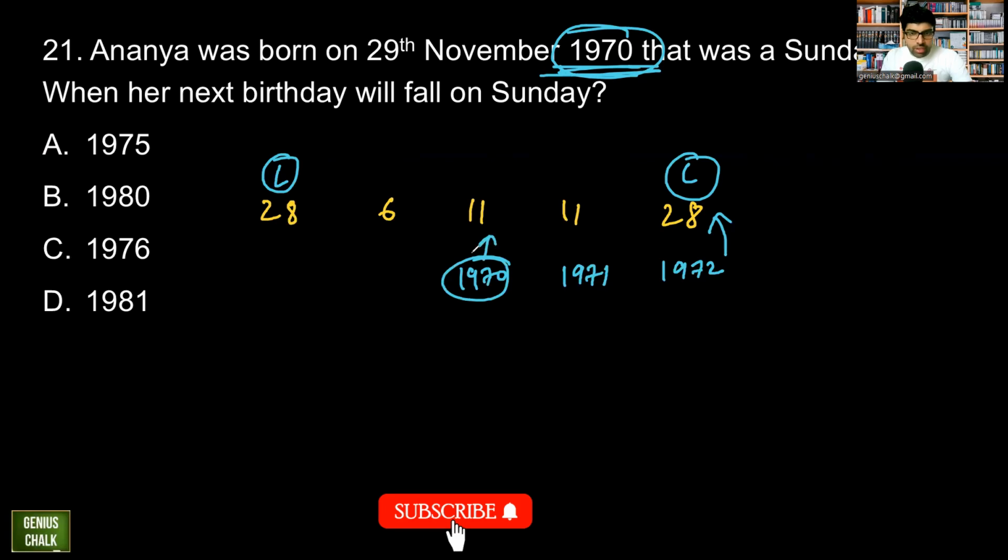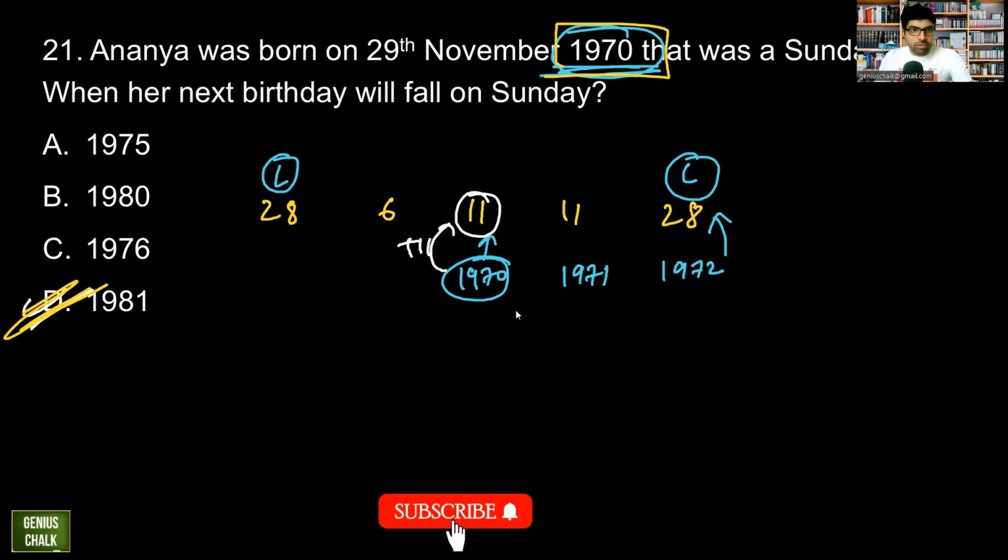So the 1970 year will repeat itself after 11 years, right? And what is 11 years after 1970? That is 1981. Because the year is repeated, are you getting my point? Because the year is repeated, the day will also get repeated. So that's why it is 1981. We can check like this. So this is your shortcut. Okay.